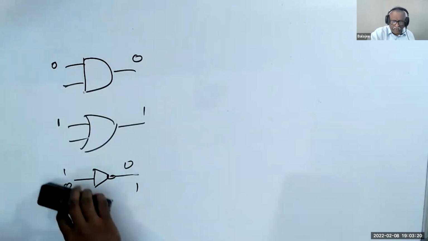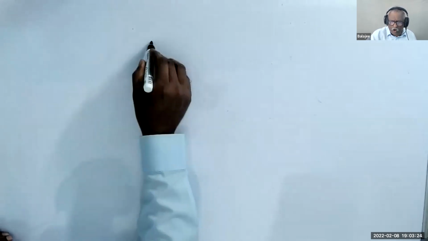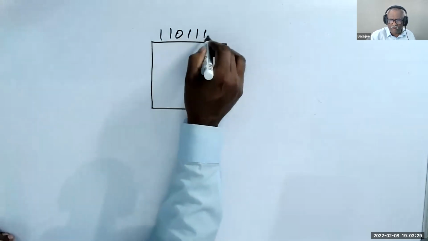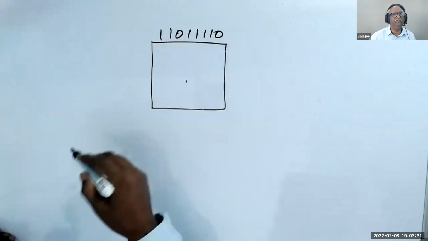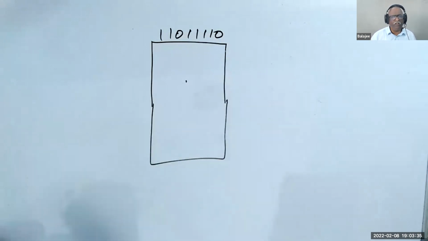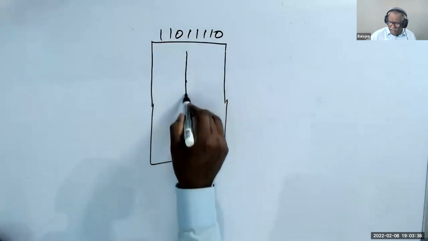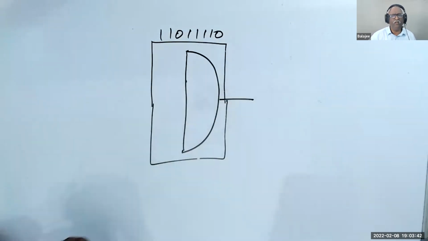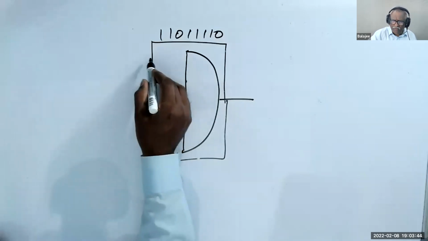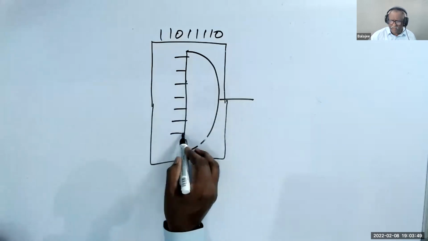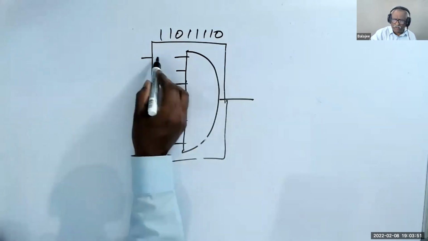Don't get confused. Now, in the combinational logic, if I give any combination for the box, 11011110, that is 8 inputs. How do I solve it? Quite simple. I put an AND gate of 8 inputs.